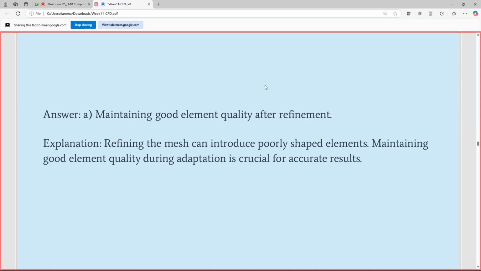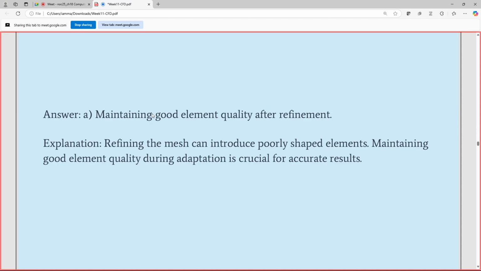Whereas in structured meshes, the cells are structurally arranged from the start. So for refinement, we can easily subdivide that particular mesh to increase the density.